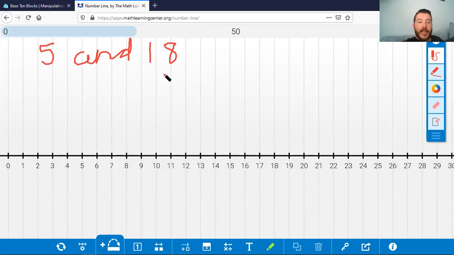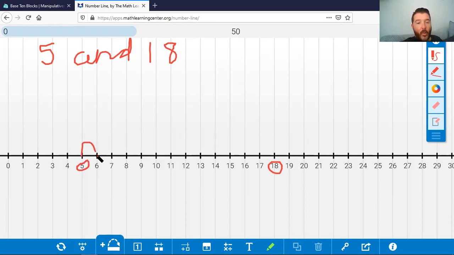Now, the way I do that is I'm going to start at 5 because that's my smaller number, and I count up to 18. And what I'm doing is I'm going to count my jumps. Okay, so remember, the first jump is from 5 to 6. 5 isn't the first jump, is it? Because that's what we start on.